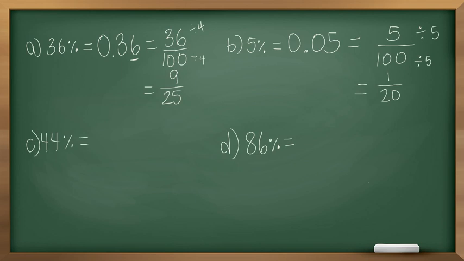So same idea, I'm going to turn it into a decimal number first and then into a fraction. So once again, 44% means 44 out of 100, so I can write 44 hundredths, both in decimal and fraction form. So I'm looking at my numerator and my denominator, trying to see if they're multiples of the same number. They're both even, so they're definitely both multiples of 2.